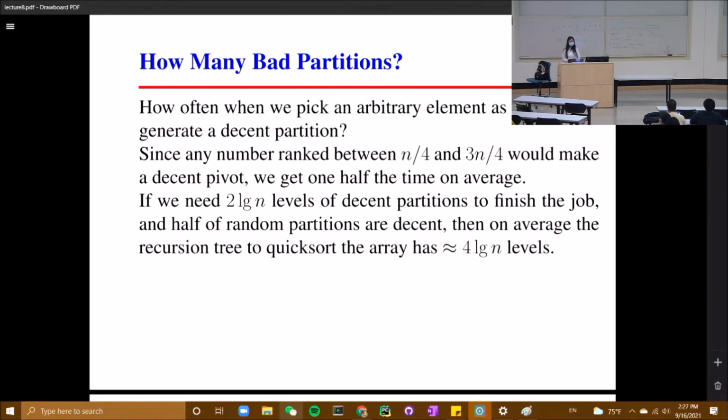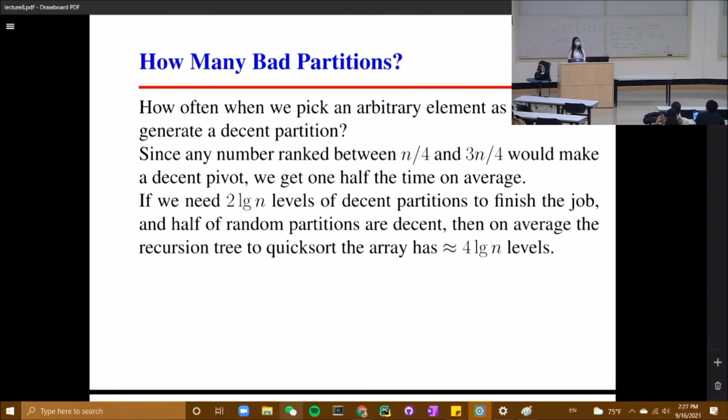And if we need 2 log n levels of decent partitions to finish the job, and half of the random partitions are decent, then on average the recursion tree to quicksort the array will have approximately 4 times log n levels. Note that 4 times log n is still O of log n.